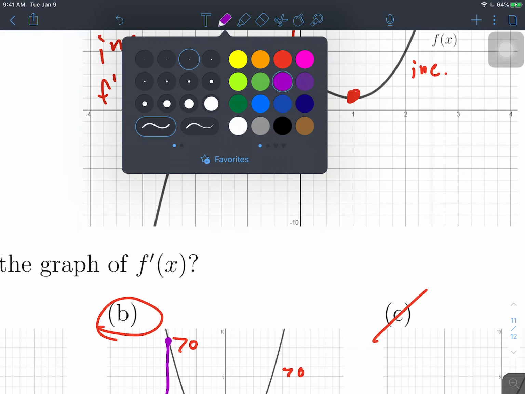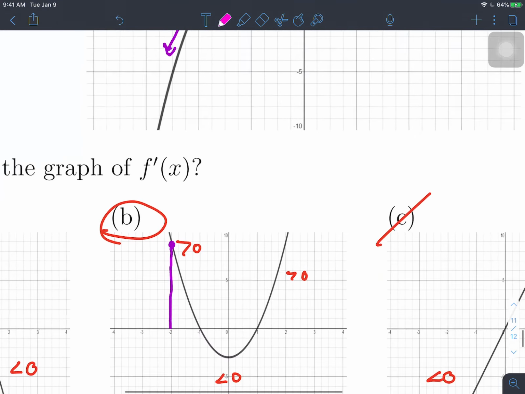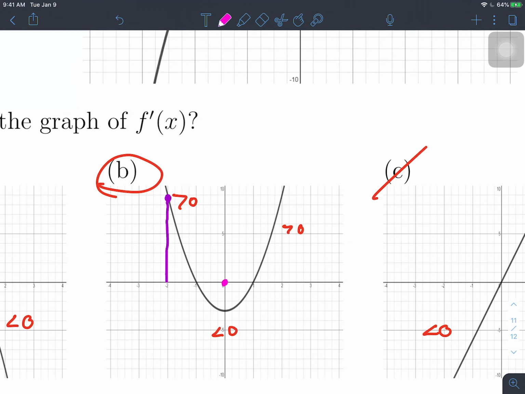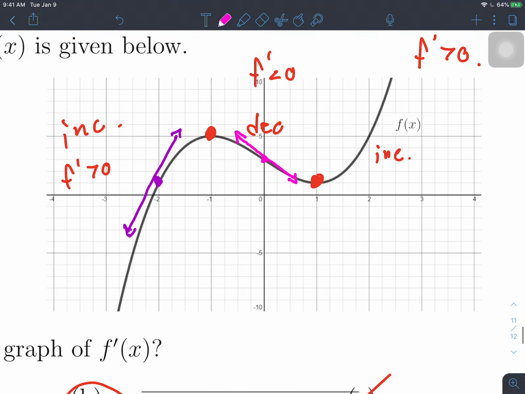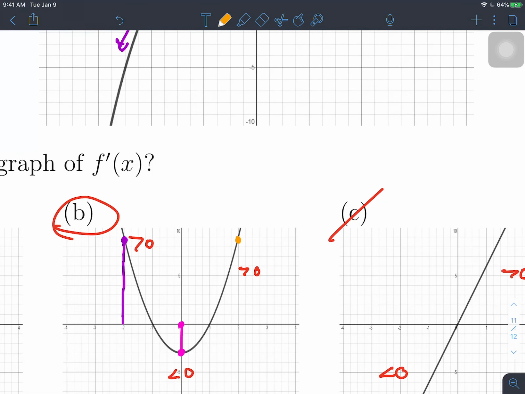Then, at the point 0, our tangent line is decreasing. Therefore, at the point 0, our derivative should lie beneath the x-axis, and it does. Then, at positive 2, we are again having an increasing tangent line. Okay, well, it's not the best tangent line ever, but you get the point. It's increasing. So at 2, again, the value of our function should lie above the x-axis.